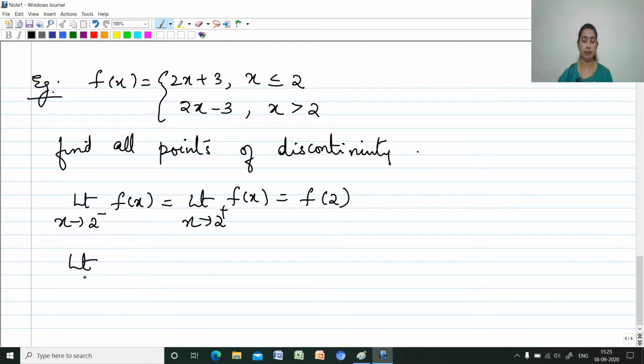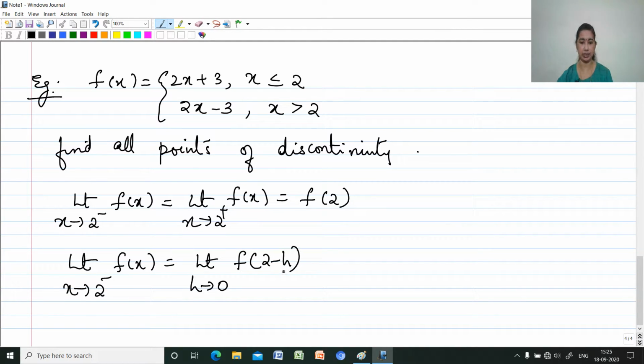Then what is limit x tends to 2 minus f of x? That means it is less than 2, a few points less than 2. That is what 2 minus means. So we can rewrite this as limit h tends to 0 f of 2 minus h. That is a few points less than 2, that is the left hand limit.